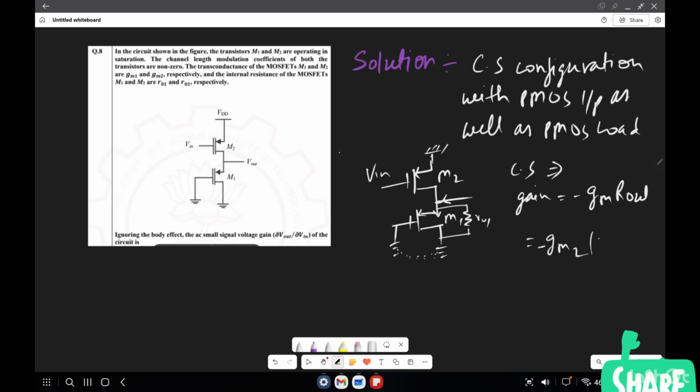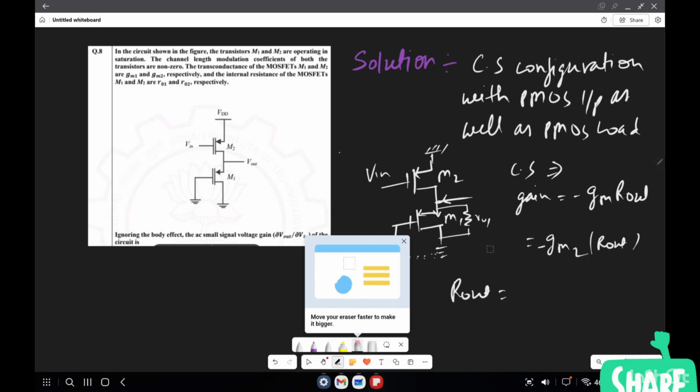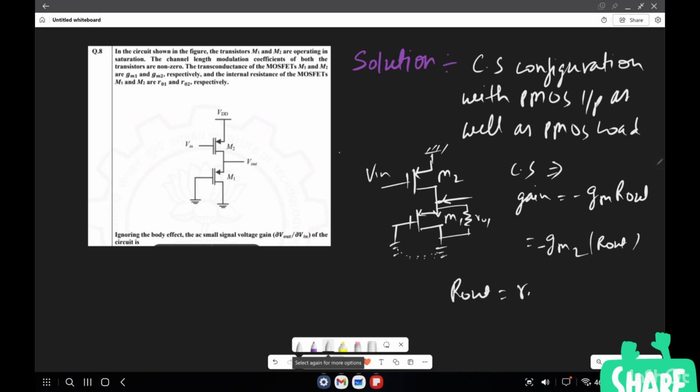So r out will be simply ro1 parallel with 1 by gm1 parallel with ro2. If we see from here, it will be ro2, and this is r1, and the source terminal will give 1 by gm1.